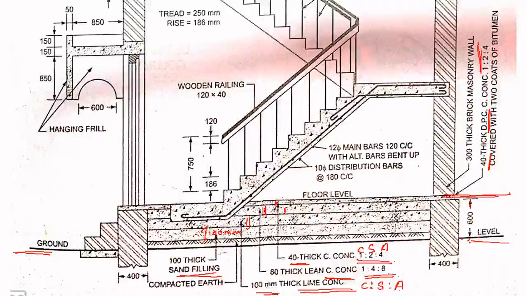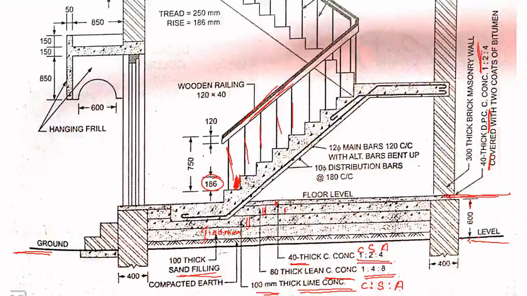So this is your steps. You can see the steps. See your handrail, and these vertical members are called balusters. This is the handrail. Okay, so this 186 mm is the distance of this tread, sorry, riser.